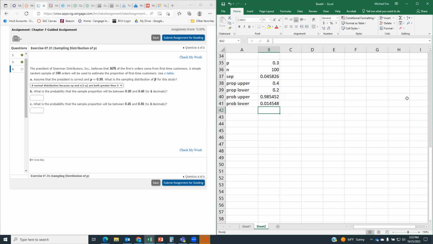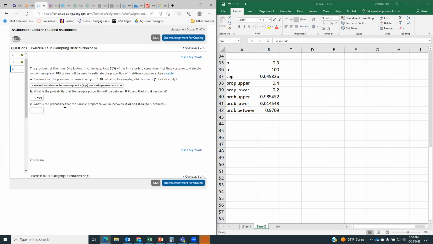So again, given a population proportion of 0.3 and n of 100, the probability that the proportion is 0.2 or less is 0.014548. So then the probability that it comes between those two just equals the probability of the upper minus the probability of the lower. Again, it wants us to do 4 decimals, so I'll let it do the work for me. And it's 0.9709.